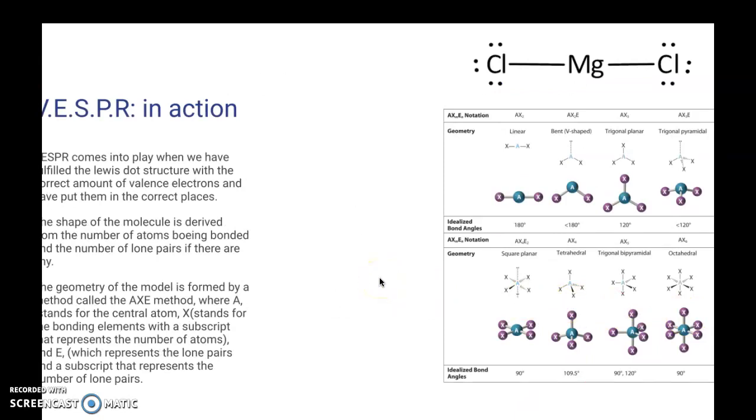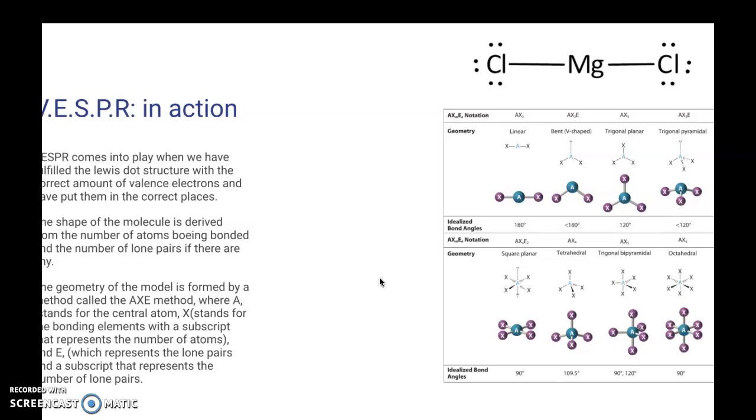All right, so here let's talk about the VSEPR theory in action. So what's going on here is, in the VSEPR theory, we use a method called the AXE method, with A being our central atom, X being the bonding element, and E being the lone pairs, if there are any.